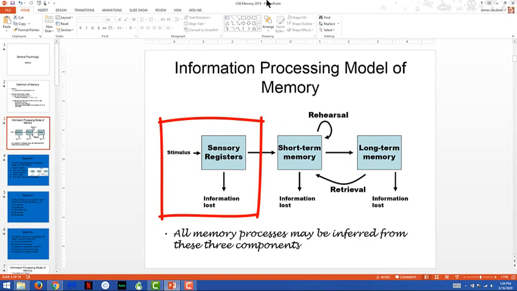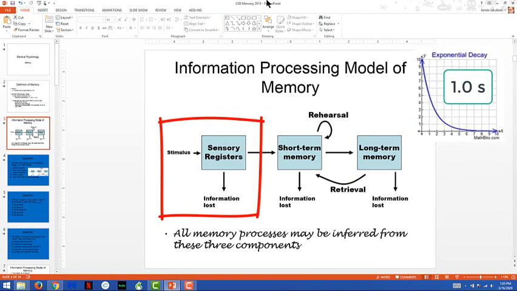So the amount of information being fed into your system that is not relevant will lead to a lot of loss. That information will not be formed into memories, and it will decay on the order of tenths of a second. And lost means lost.